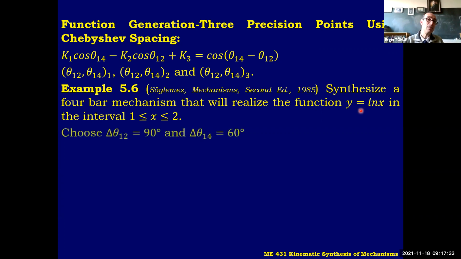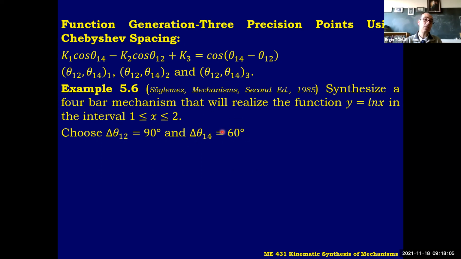Well, the first thing is I will arbitrarily select how much the crank is going to rotate and the follower is going to rotate for this problem, because it's not dictated, but for certain problems, it might be dictated. So what I want is for X being 1 to 2, the crank is going to make a 90-degree rotation, and its follower is going to make a 60-degree rotation.